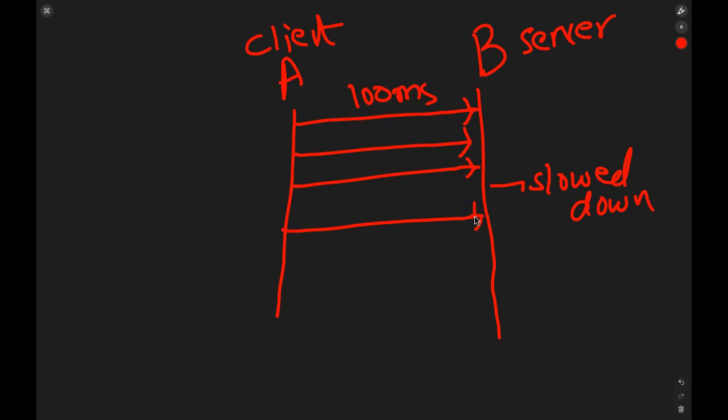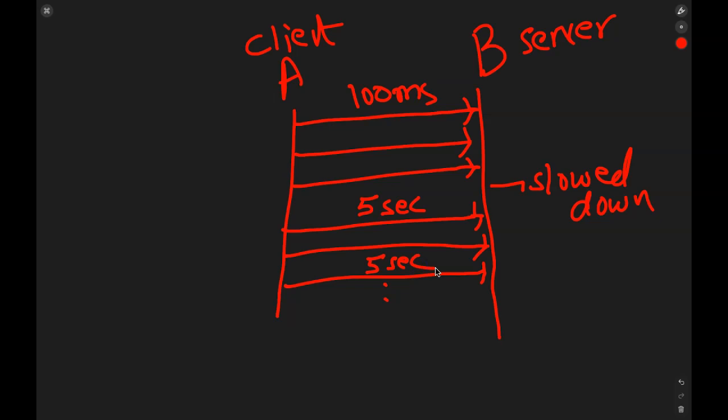So as service B slows down, assume that all these calls are now taking 5 seconds instead of 100 milliseconds. It keeps making hundreds of calls to service B and all these calls are taking 5 seconds. So now what would happen?